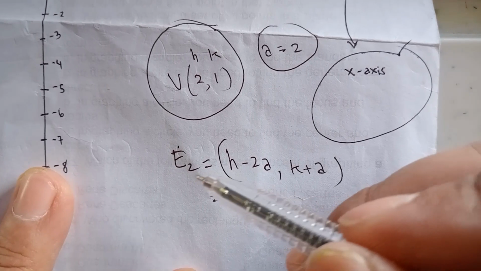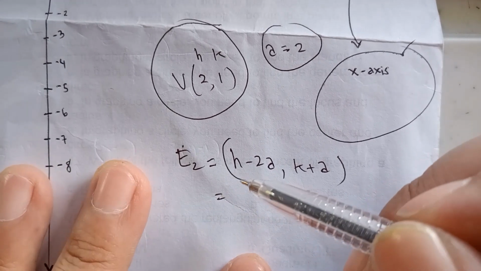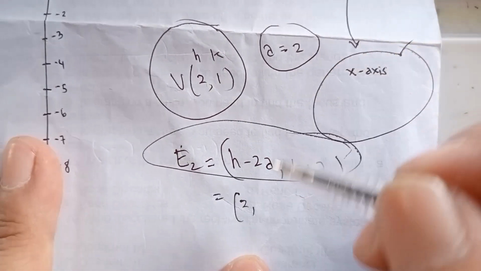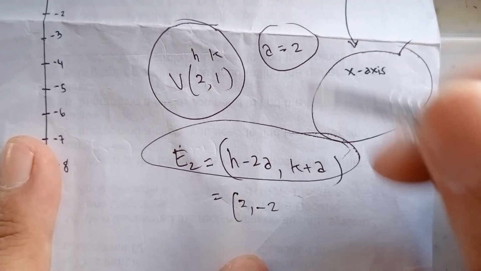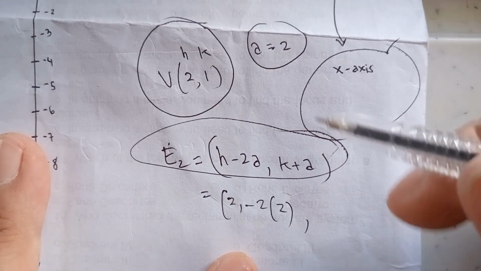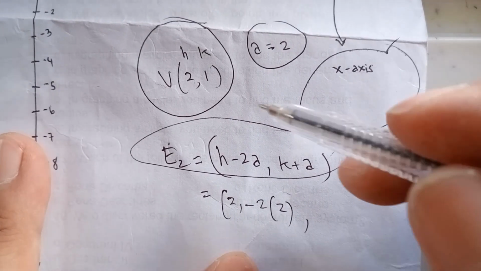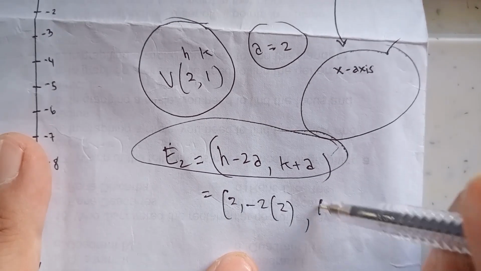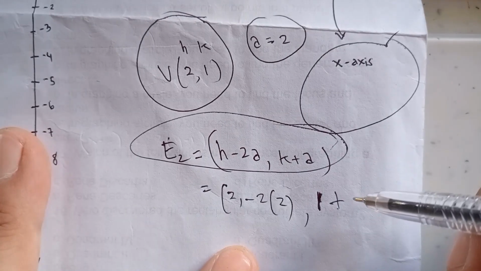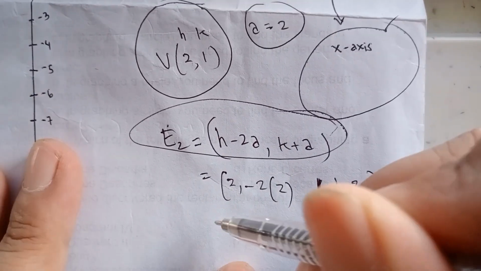To find endpoints number 2, what is the value of h? We have 2, then minus 2 times the value of a, we have 2. Then, what is the value of k? Positive 1, plus the value of a, positive 2.